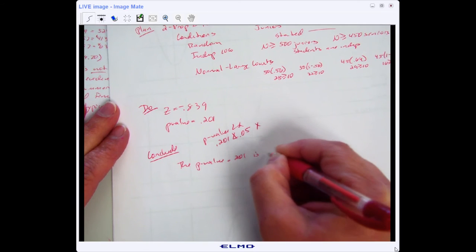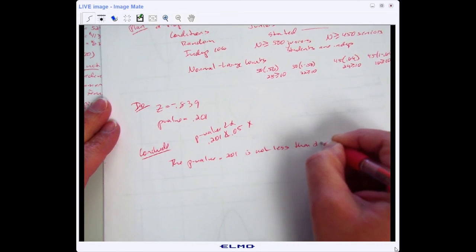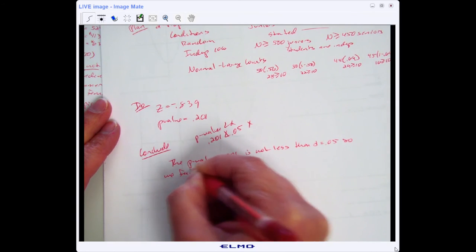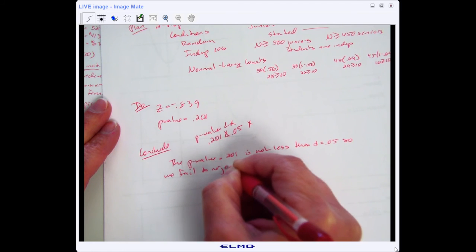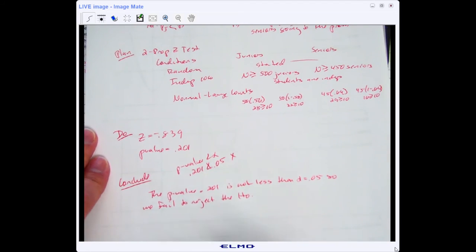0.201 is not less than alpha 0.05, so we fail to reject the H0.